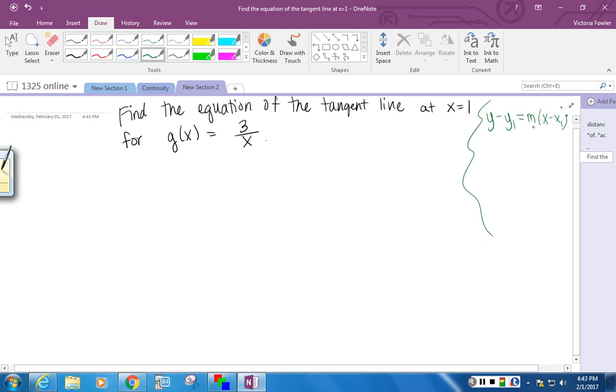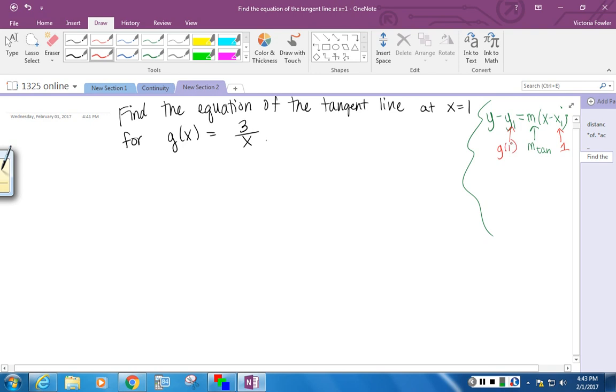Well, it's asking for equation of a tangent line, so this m is going to be the slope of the tangent line, which is found by taking the derivative or finding the instantaneous rate of change. It's given me the x value, so I've got the x value of 1, and all I have to do is find out what the y value is.